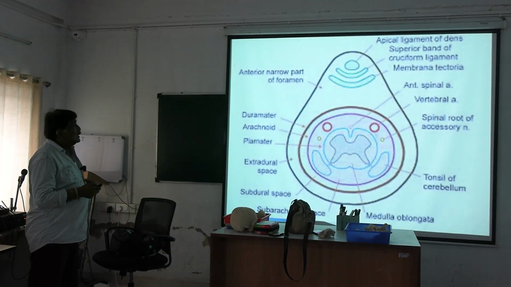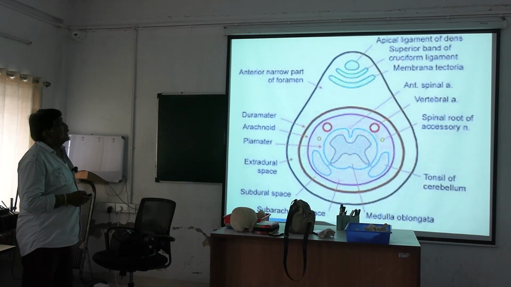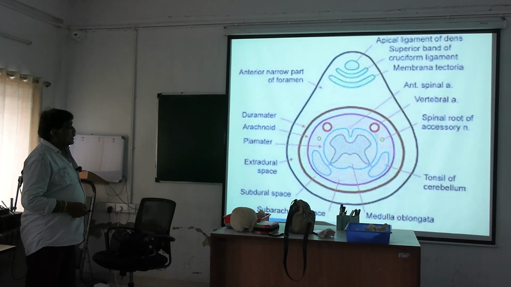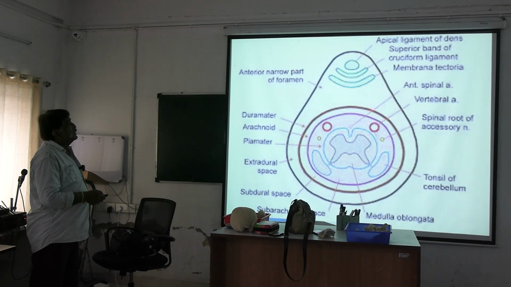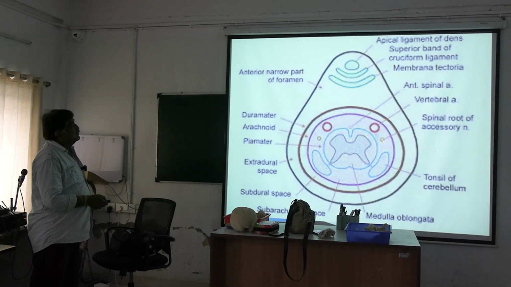Now, I told you the other day, this is the medulla oblongata, the tonsils of the cerebellum. Structures passing through: the anterior spinal artery, the vertebral artery, the spinal root of the accessory nerve.